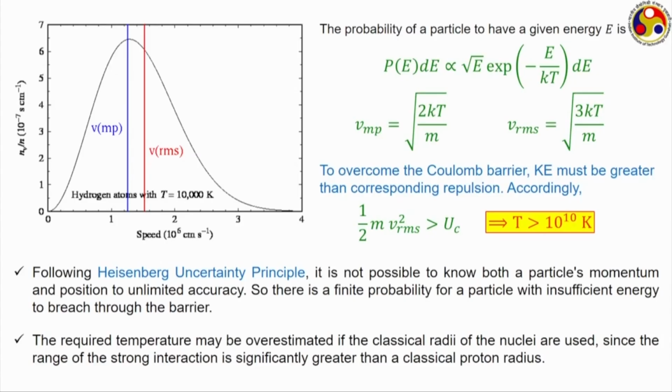A temperature of the order of 10 to the power 10 Kelvin we are getting considers a very simple mathematical framework, but because of Heisenberg's uncertainty principle and the possible over prediction in the radius values of the nuclei, the correct value of temperature may actually be lower.